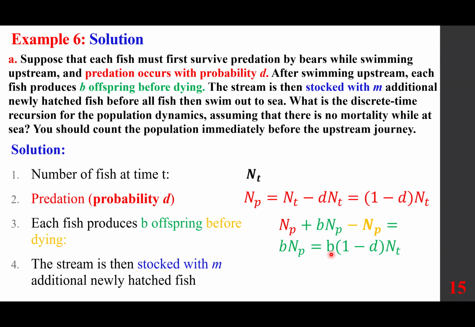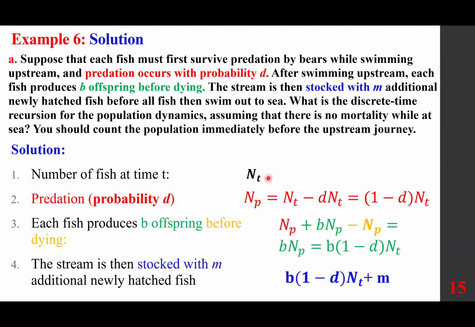Finally, the stream is then stocked with M additional newly hatched fish. So whatever this number is, we add M. That's it. This is part A. The synopsis: in part A, predation takes place while swimming upstream.